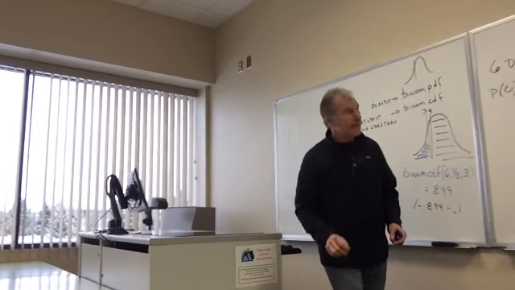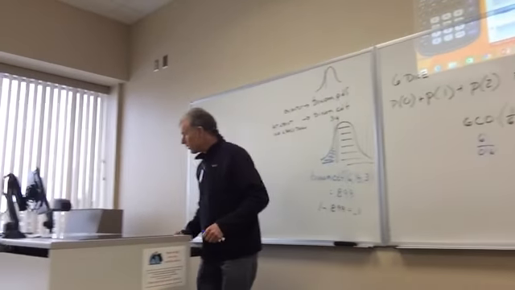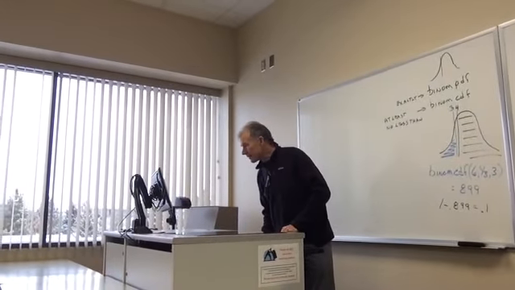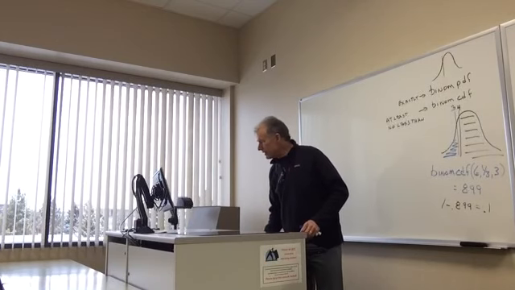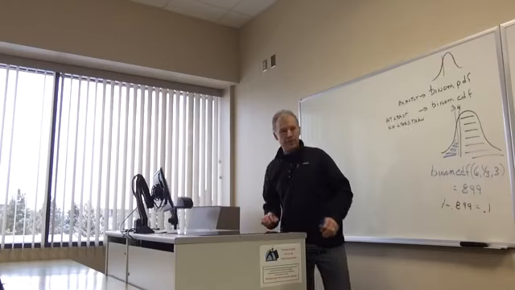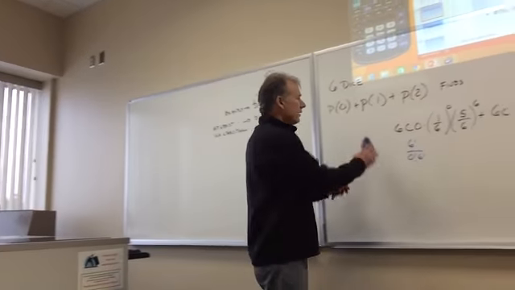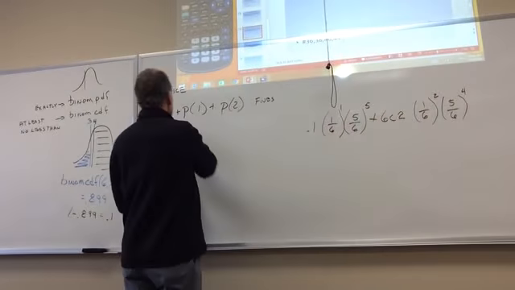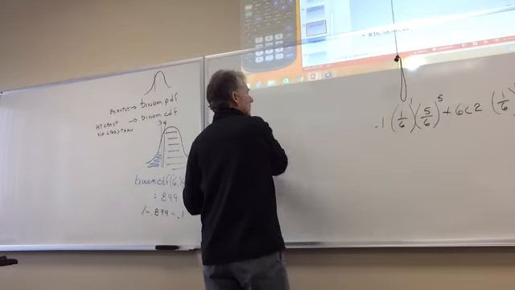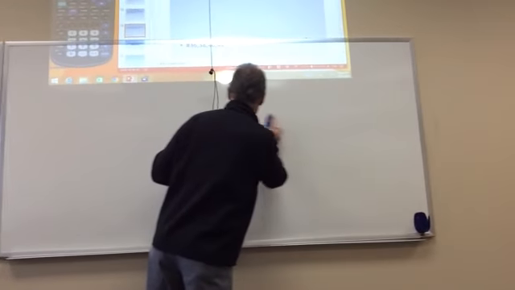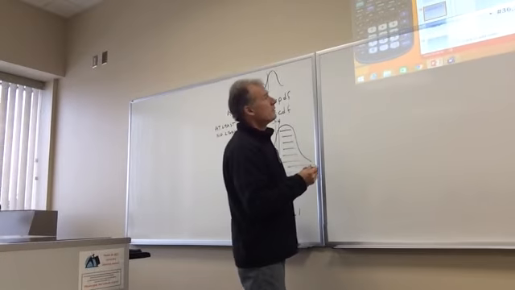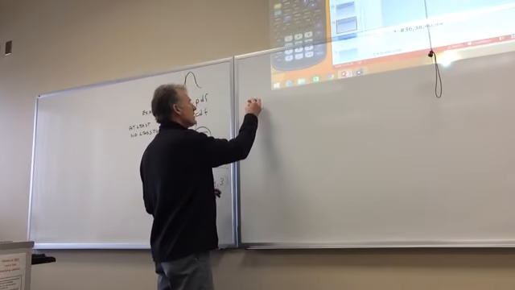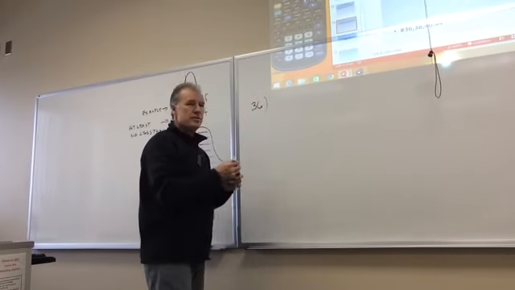Then let's try a couple of problems in your book using the same thing. Problems 36, 38, 40. If we could do a couple of these, I think it'll be helpful for you. So what's 36 say?